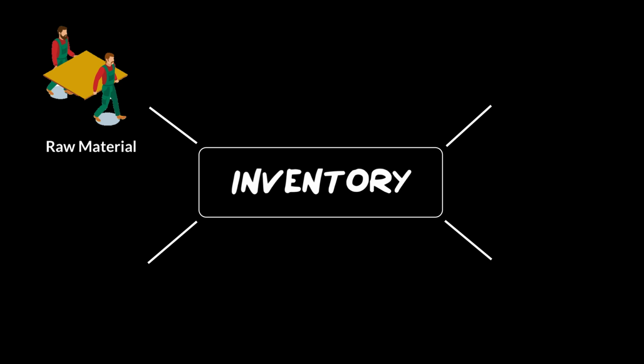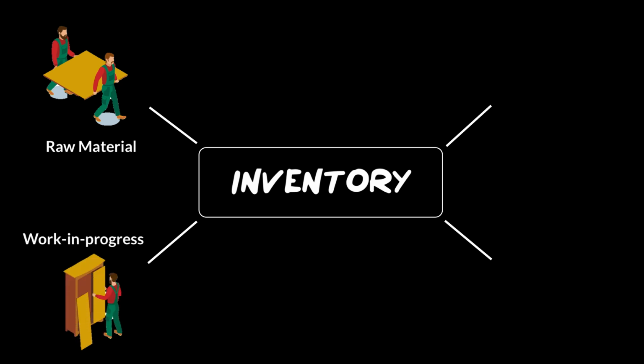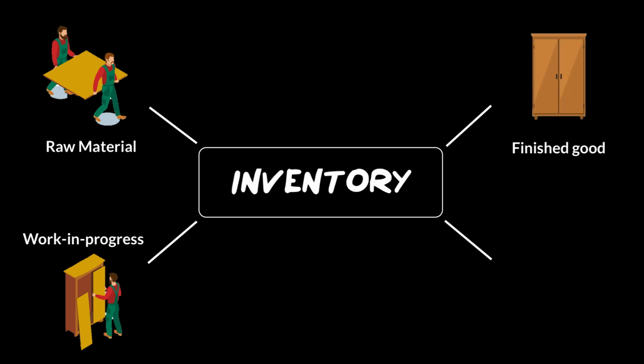But at the same time, you're not going to be able to finish the entire work all at once on all the cupboards. There may be some cupboards that might be still a work in progress. So anything that's still half done is part of your inventory. And then when this is complete, when you have a final cupboard, the final good, the finished good, is also part of your inventory.